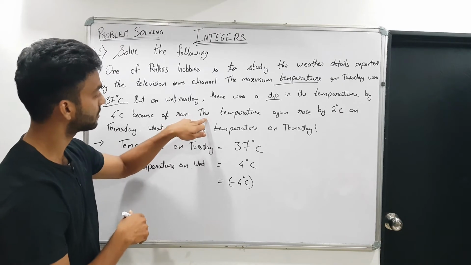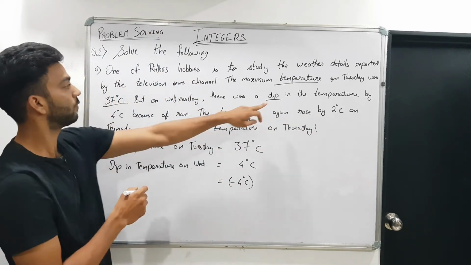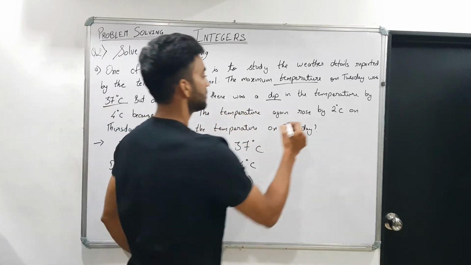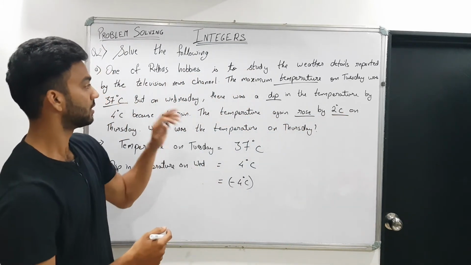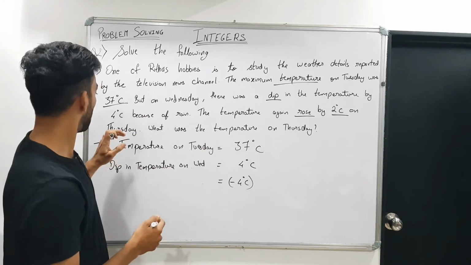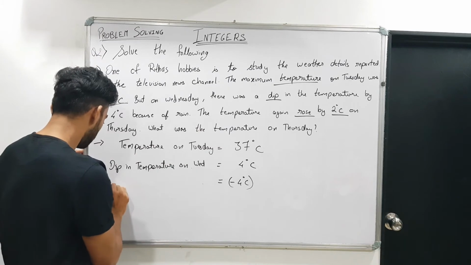Next sentence is the temperature again rose by. The dip was negative. Rise means up, positive. So that is negative effect and positive effect. On Thursday there was a rise in the temperature.